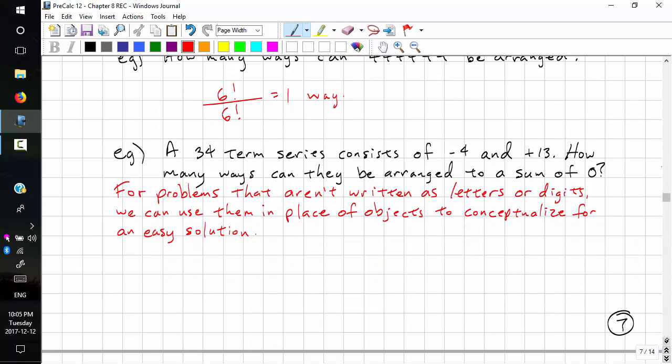Let's look at something harder. A 34-term series consists of -4 and +13. How many ways can they be arranged to a sum of 0? Let's ignore this for now. We note that 4 and 13 are relatively prime.